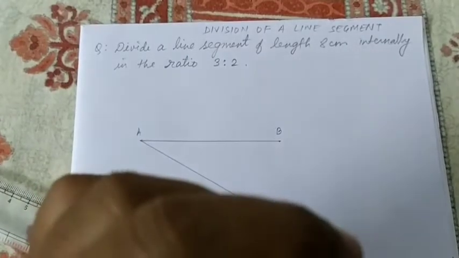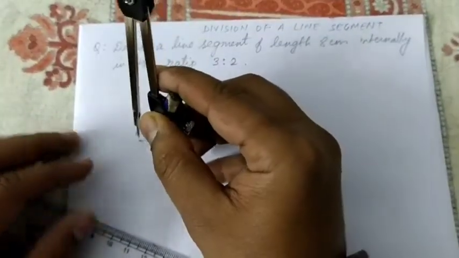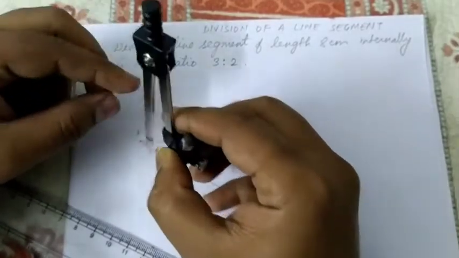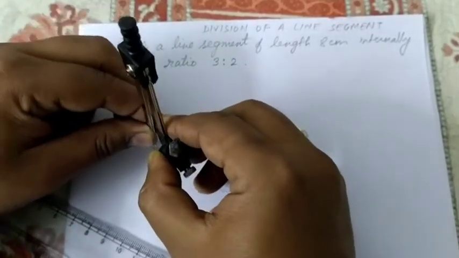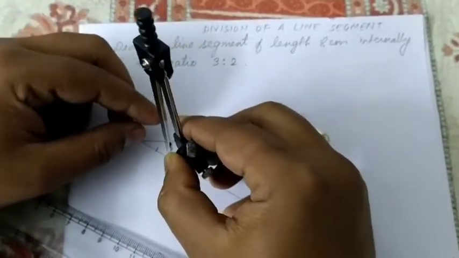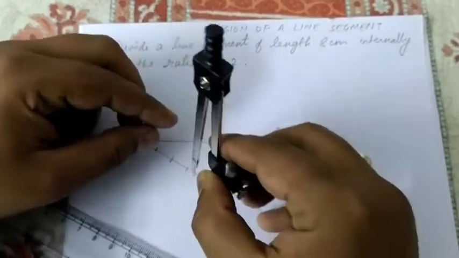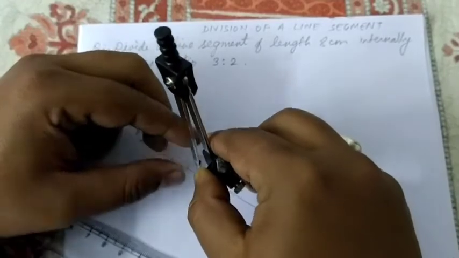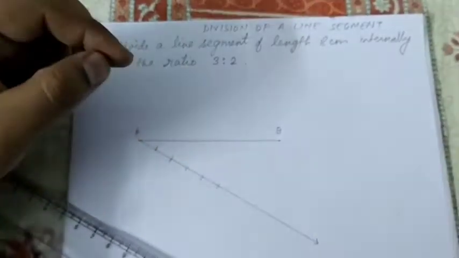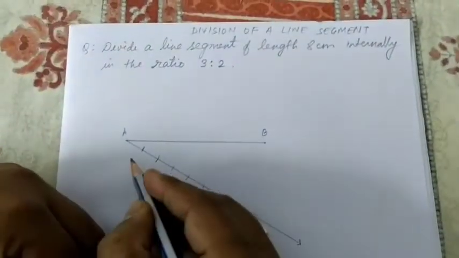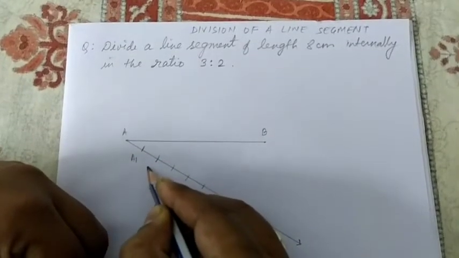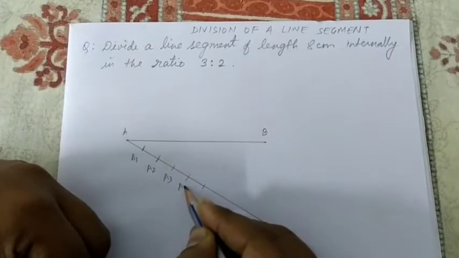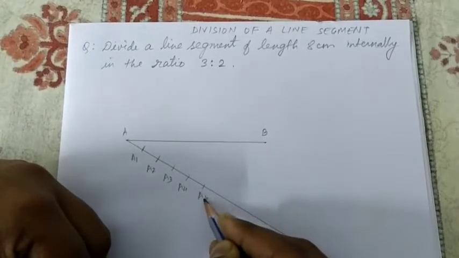You take the arc length and then you make 5 marks here: 1, 2, 3, 4, and this one as 5. So I will mark them as A1, A2, A3, A4 and A5.